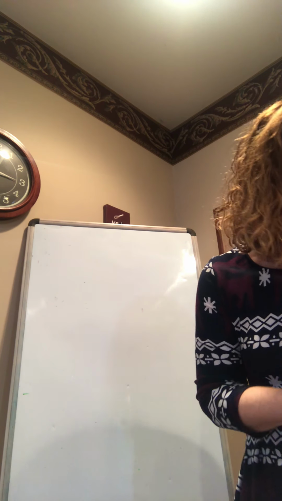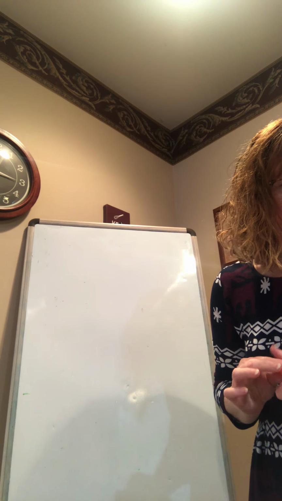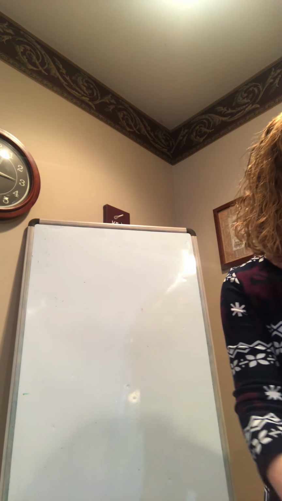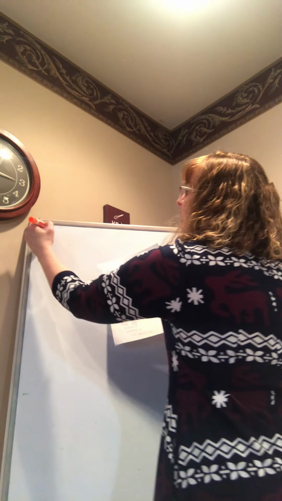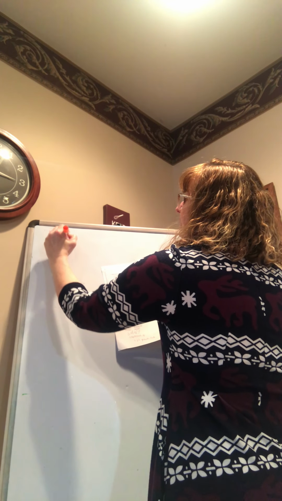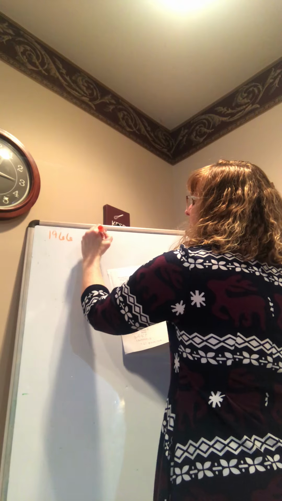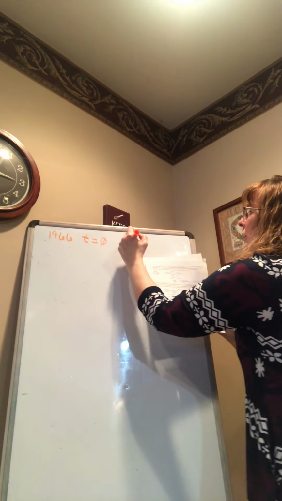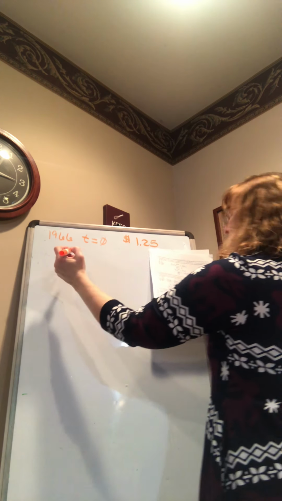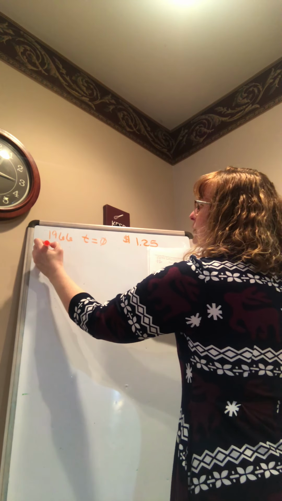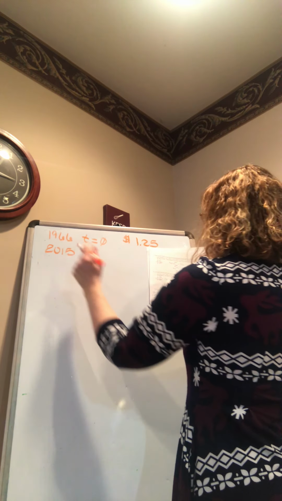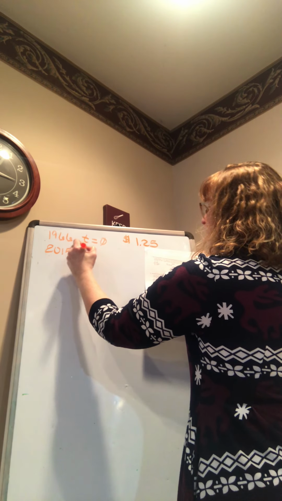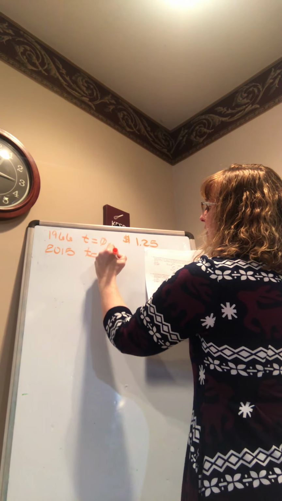So in 1966, the minimum wage was $1.25, and in 2015, it's $8.75. So 1966 is time 0, and minimum wage was $1.25. Then we jump all the way to 2015, which now tells us that the time is 49 years.